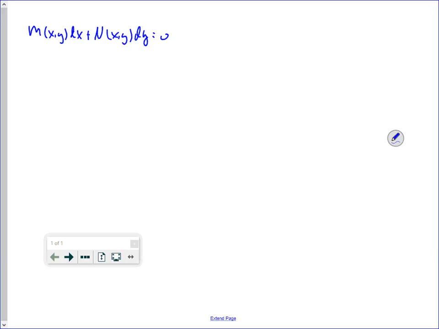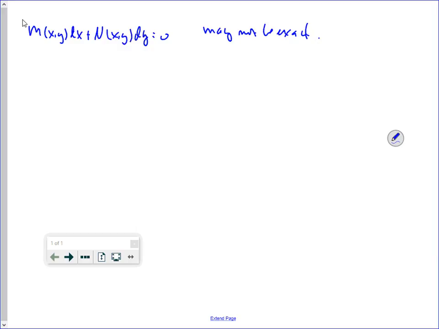And that turns out to be pretty straightforward to solve if that's the case. However, this may not be exact.